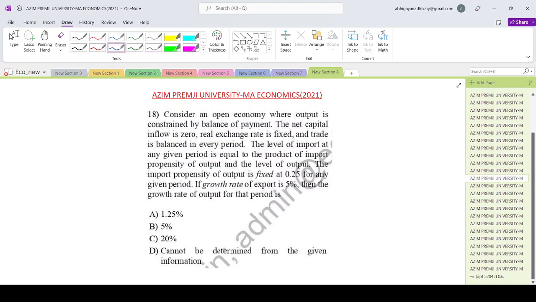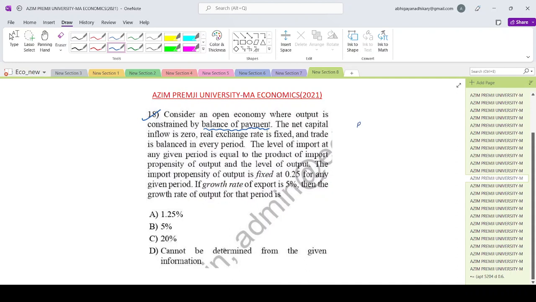So continuing with question number 18 of the Azim Premji University paper. Consider an open economy where output is constrained by balance of payment. The net capital inflow is zero.